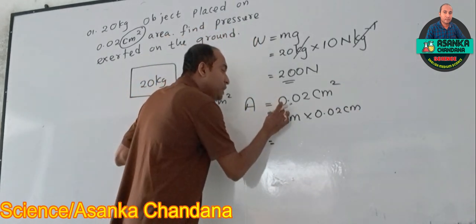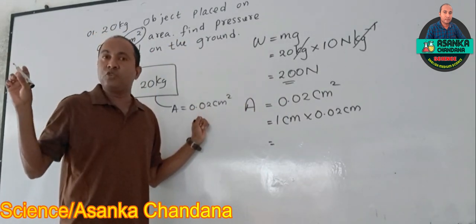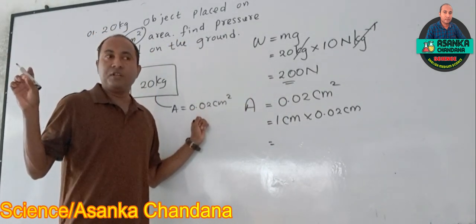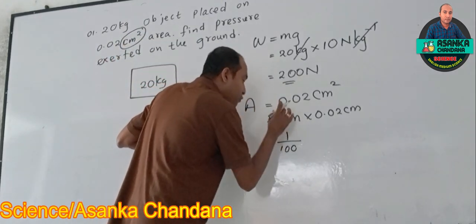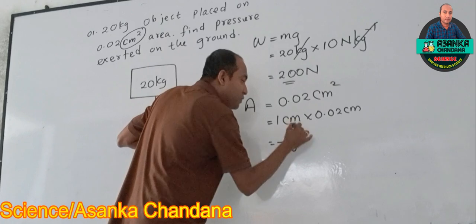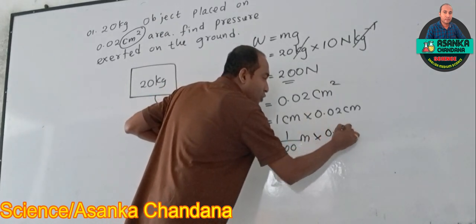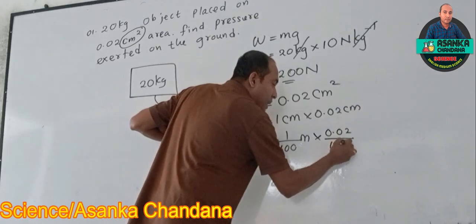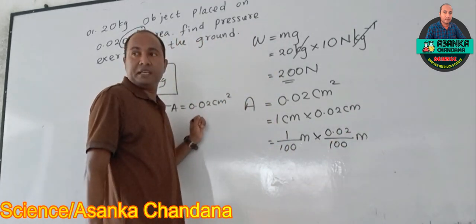Then we know how to convert the centimeter into meter. For this, we should divide each value by 100. When 1 centimeter divided by 100, it becomes into the meter. When 0.02 centimeter divided by 100, what will happen? It is also become into the meter.